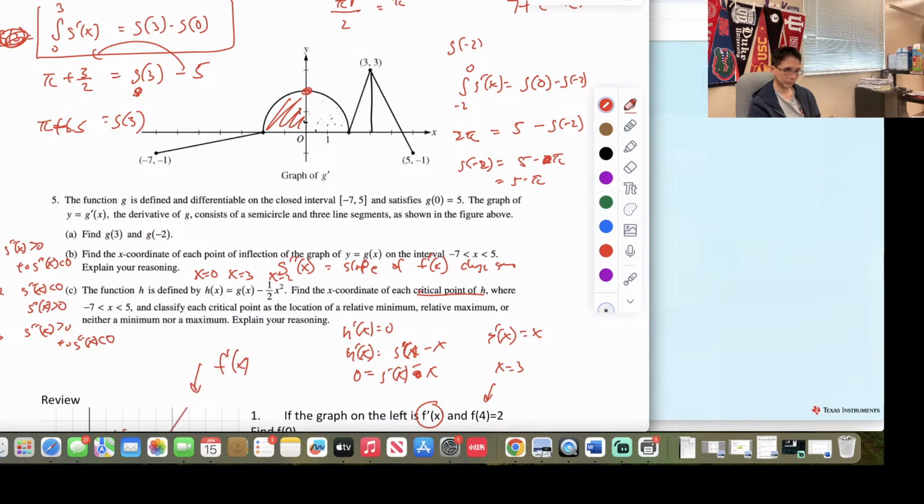Wouldn't 0, 2 count? 0, 2 is not counting because g of x is 2, but x is 0. Oh, right, so that's why it's 3.